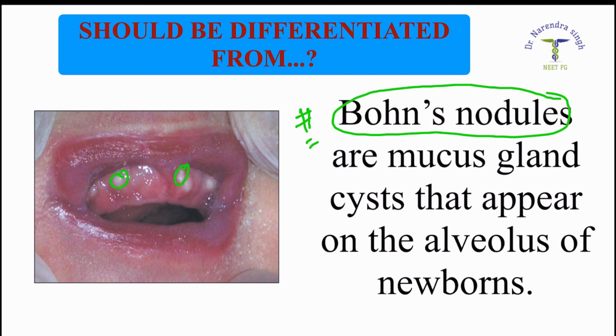These are mucus gland cysts that appear on the alveolus of the newborn, as seen in the diagram. Epstein pearl should be differentiated from this.